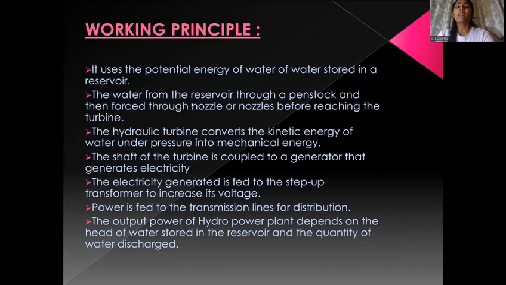Working principle. It uses the potential energy of water stored in the reservoir. The water from the reservoir is sent through a penstock and then forced to the nozzle before reaching the turbine. The hydroelectric turbine converts the kinetic energy of the water under pressure into mechanical energy.